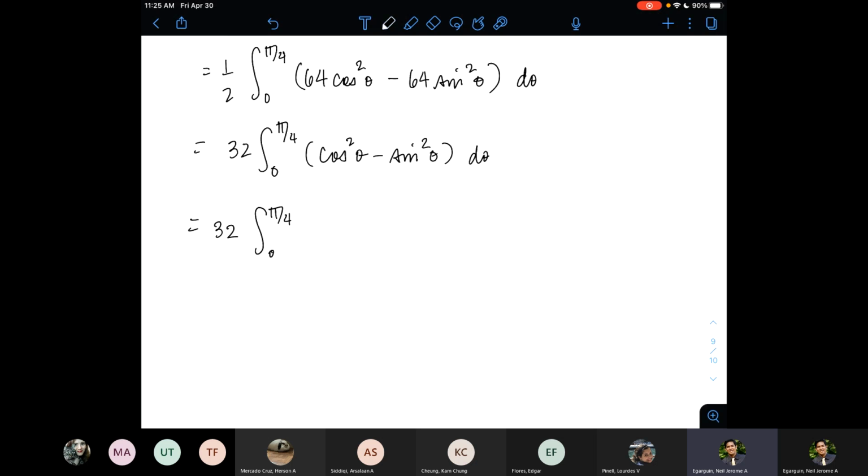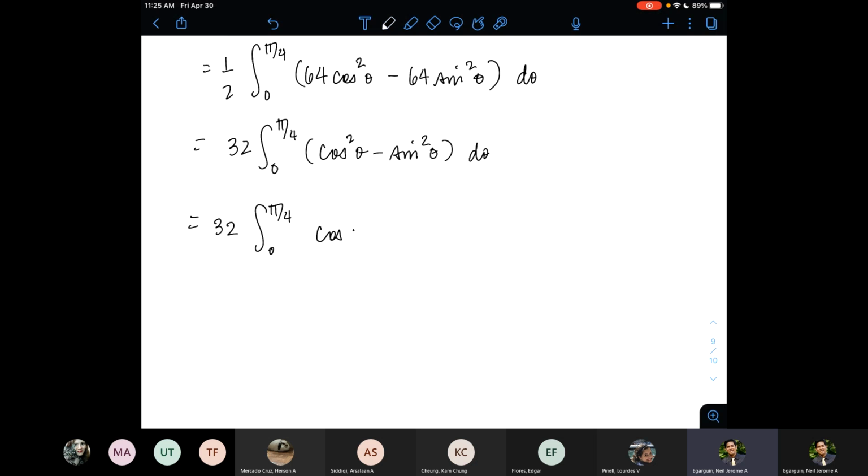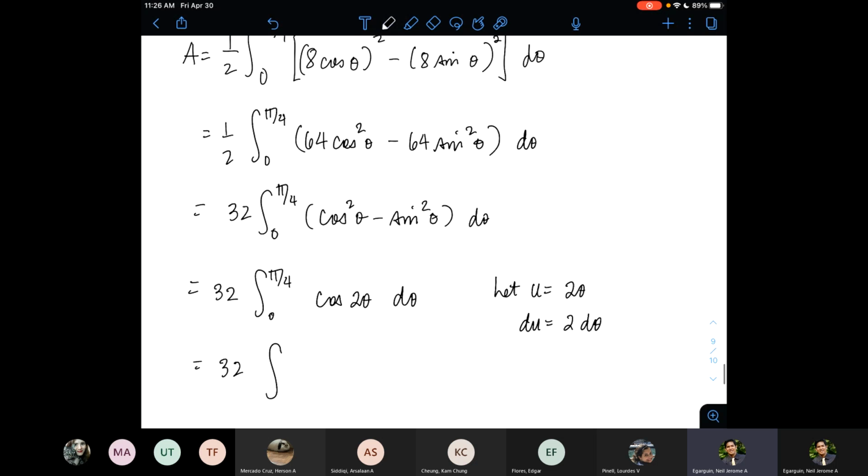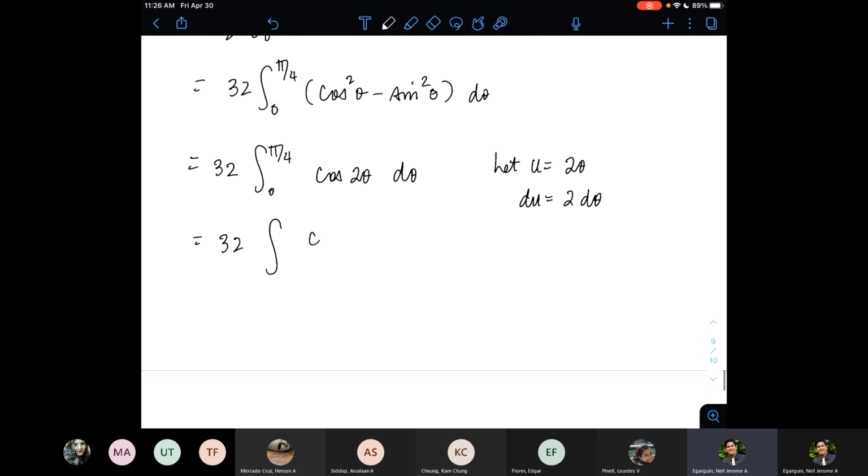So cosine squared theta minus sine squared theta, I think, is cosine 2 theta, d theta. And here I will let u equal 2 theta. Du will be equal to 2 d theta, right? Or d theta will be replaced by du over 2. So I'll have cosine u times du over 2.